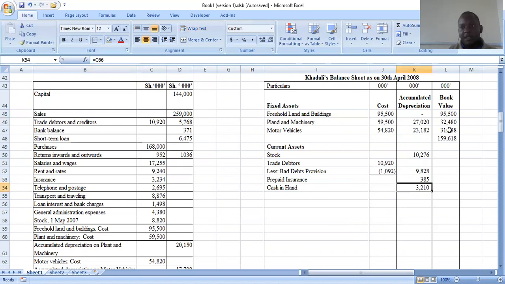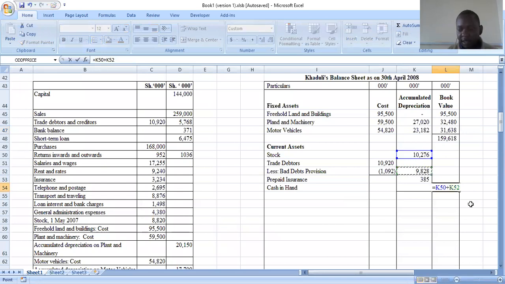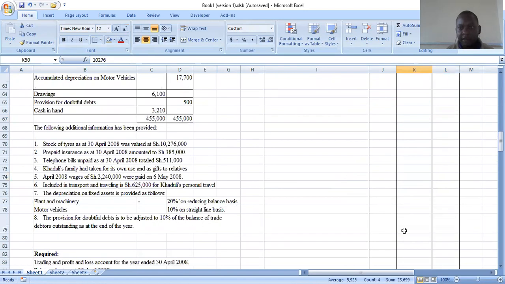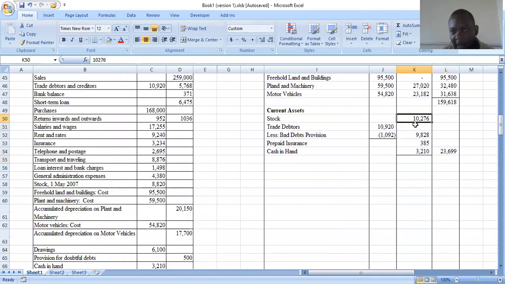So the total of current assets is equal to 1076, that is for stock, plus 9828, plus 385, plus cash, the total of current assets is 23,699.